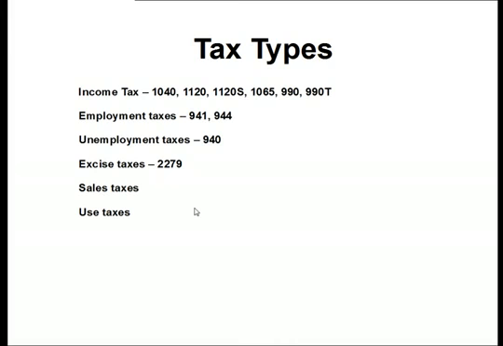Use taxes are probably one of the biggest areas of tax evasion in the entire country at the local level. But use taxes are the equivalent of a sales tax that you should pay for using tangible property, either in your business or in some states, even personal property, that you bring in from somewhere else.